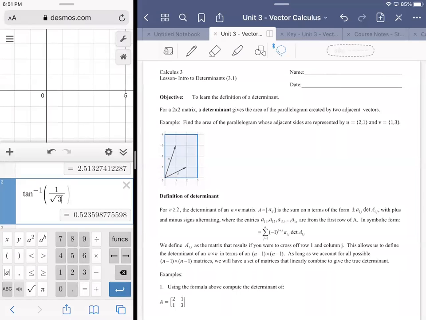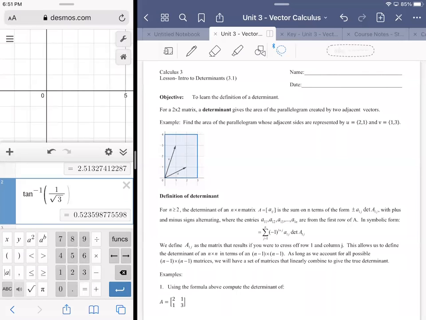So to learn the definition of a determinant, that's the objective. The example is a very simple example. It doesn't seem to have any place in what we're doing, but it's going to connect. It's all going to come together. A determinant gives the area of the parallelogram created by 2 adjacent vectors.